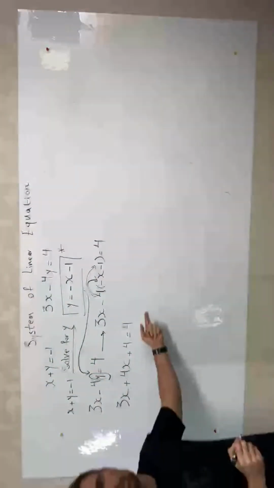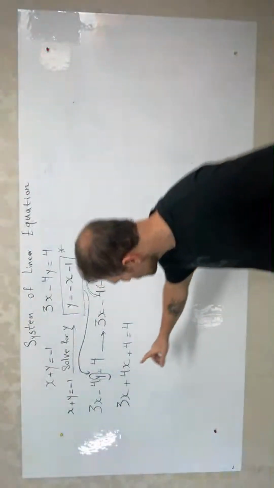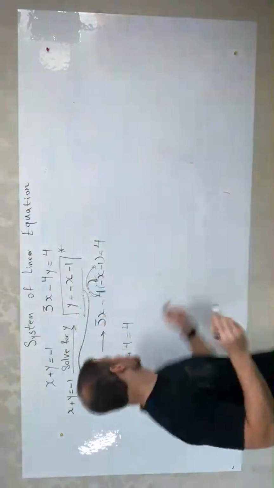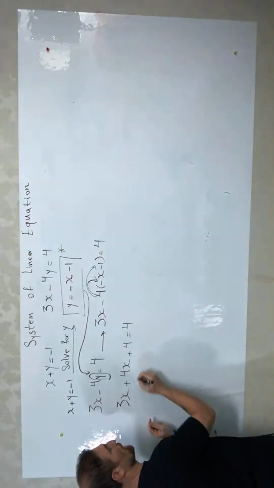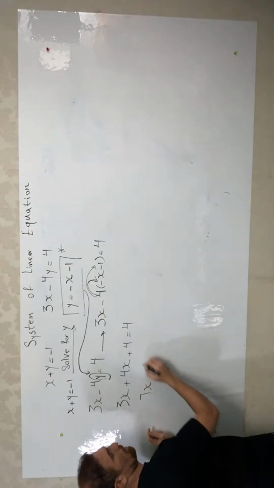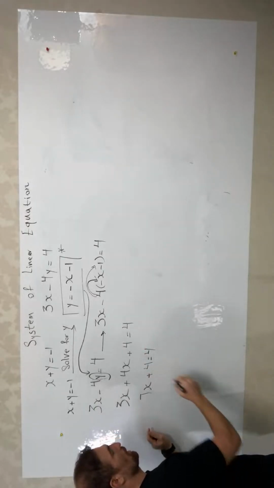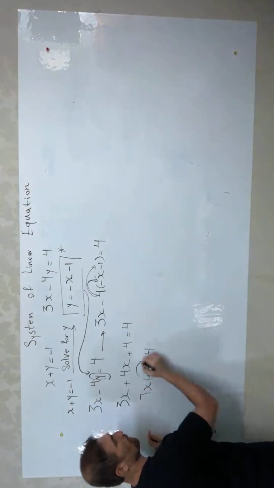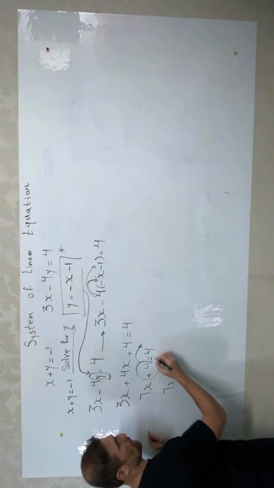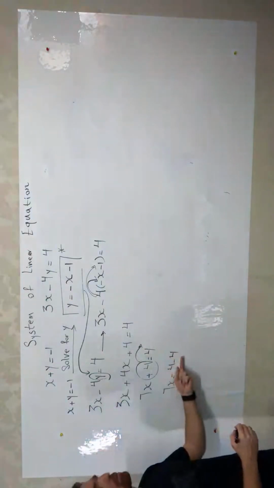Now we are going to find the value of x. To find the value of x, we need to isolate x, which means we need to solve for x. 3x plus 4x is going to be 7x, plus 4 equals 4. Next step, transpose this positive 4 to the other side. So it's going to be 7x equals 4 minus 4. What is 4 minus 4? 0.